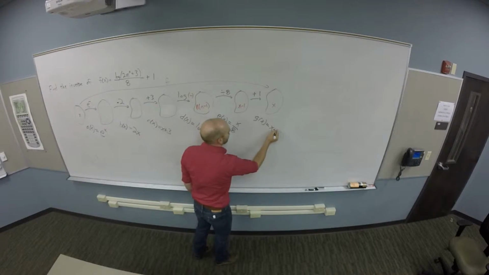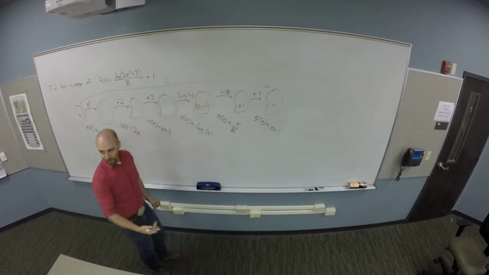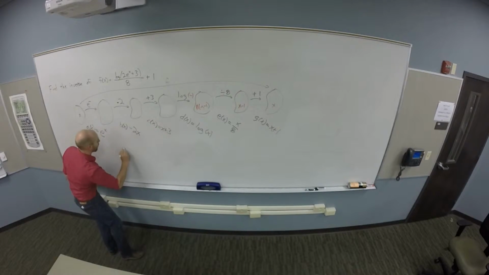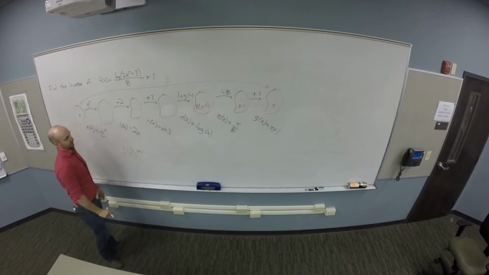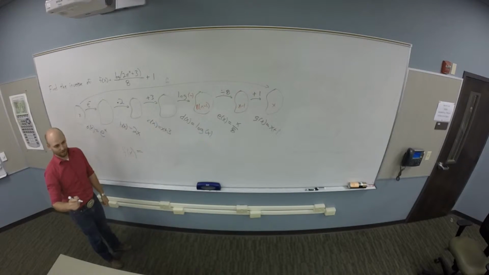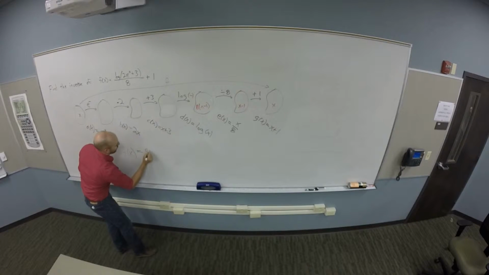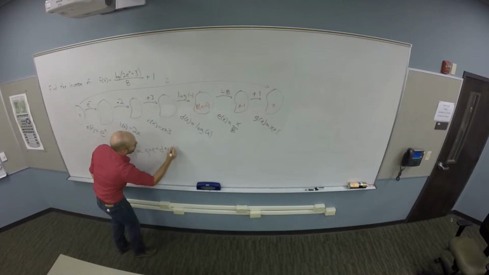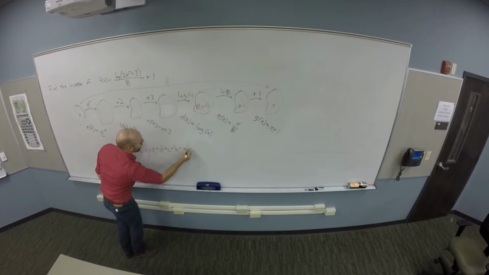And then if I wanted to write this as a composition, I'd say, okay, so f of x is g composed with e, composed with d, composed with c, composed with b, composed with a of x.